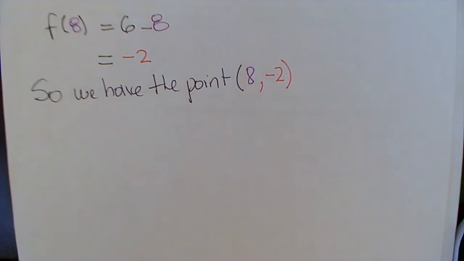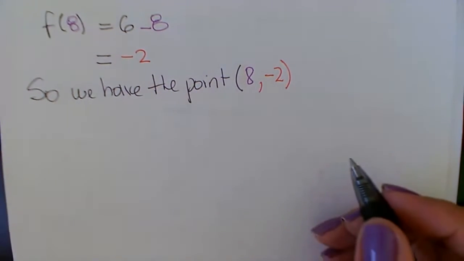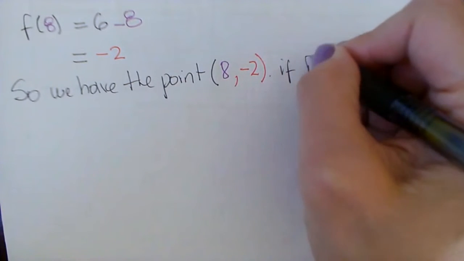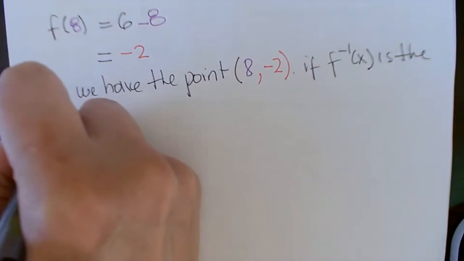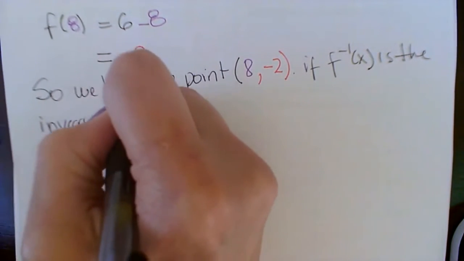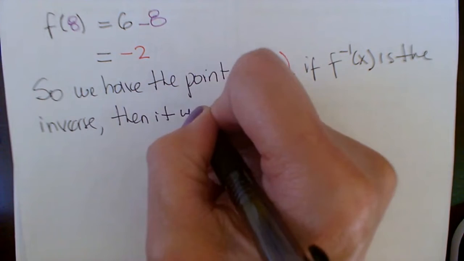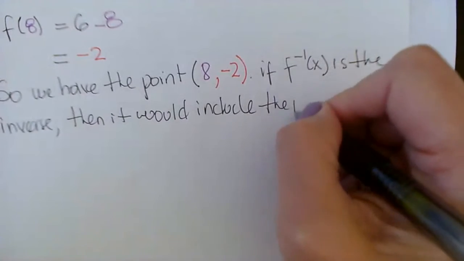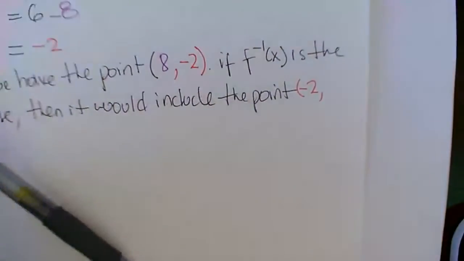So then if f inverse is the inverse, then it will include the point -2, 8.